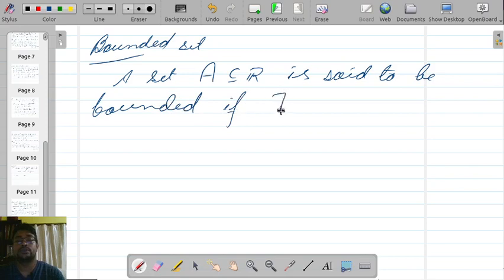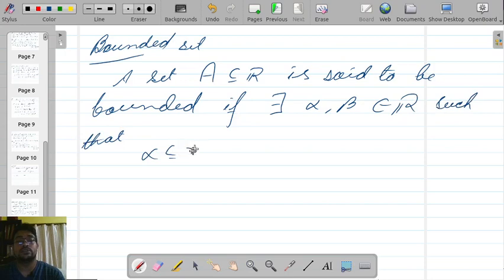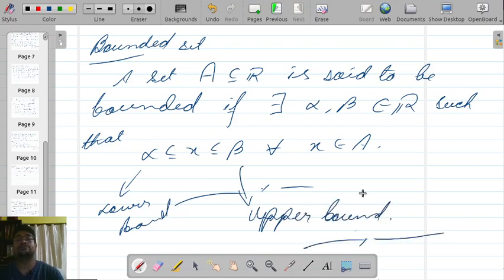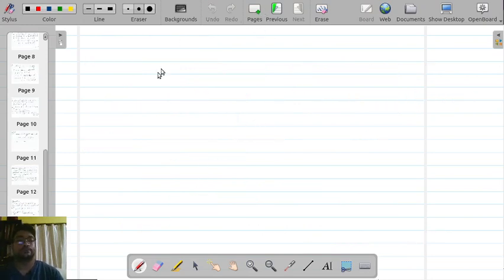If there exists alpha, beta inside R such that alpha is less than or equal to x less than or equal to beta for all x inside capital A. Here alpha is the lower bound, and beta is the upper bound. So a set is said to be bounded if it has both lower and upper bounds. Otherwise, it's not bounded. Right? Clear?